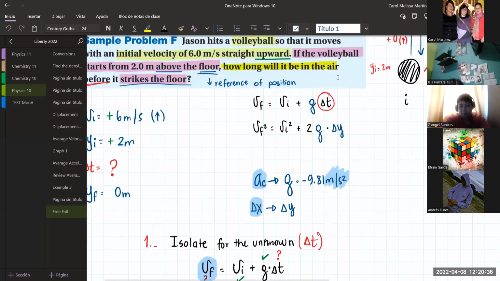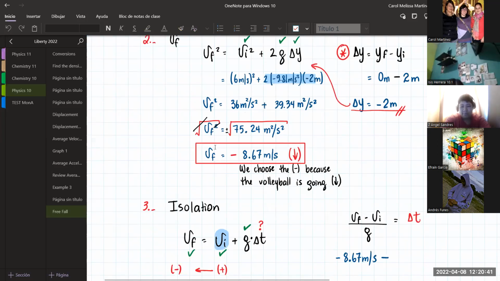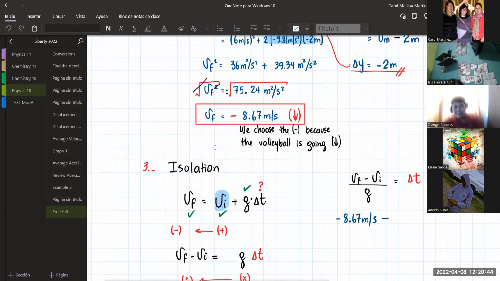Initial velocity in this problem is positive 6 meters per second, so I'm just going to write it minus 6 meters per second. All this divided by gravity. As I already told you many times, gravity is negative 9.81 meters per second squared. This division is going to give me the time. Now, I recommend doing this step by step. First, we better do this subtraction. How much is this?